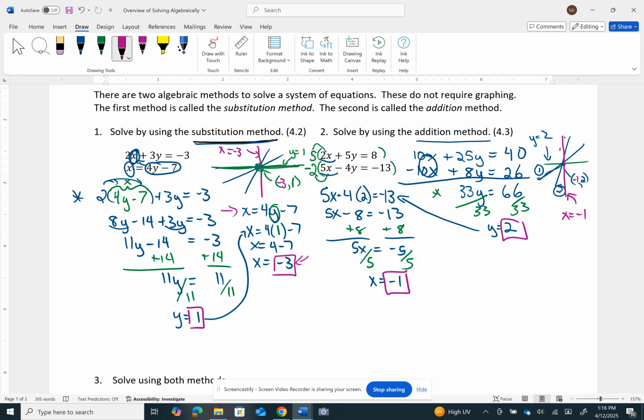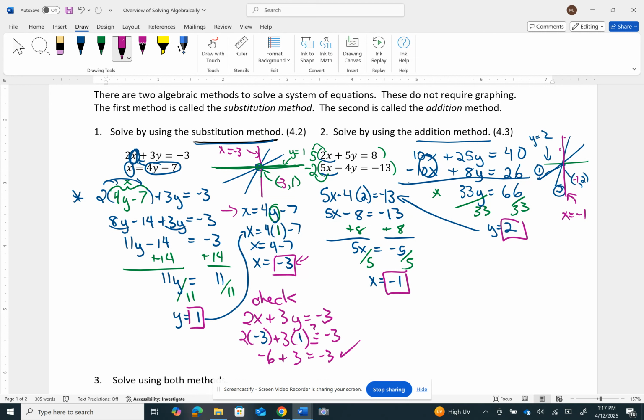So for my check on that one, I would use the other equation, and I would plug in the 1 for y, the negative 3 for x, and I would check to make sure that it gives me what it's supposed to. And sure enough, it does. Negative 6 plus 3 does equal negative 3. So I know I'm right.